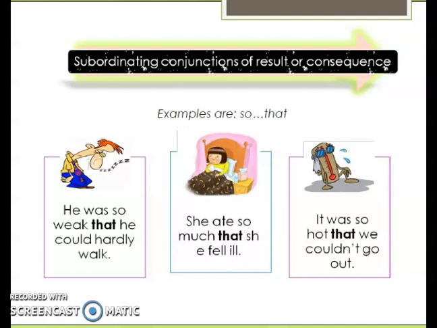Two actions are connected with each other. If something happens, the other thing has happened because of the first action. It was so hot that we couldn't go out. There was a reason. It was so hot. So they could not go out. So this is the consequence. As the weather was hot, they couldn't go out.